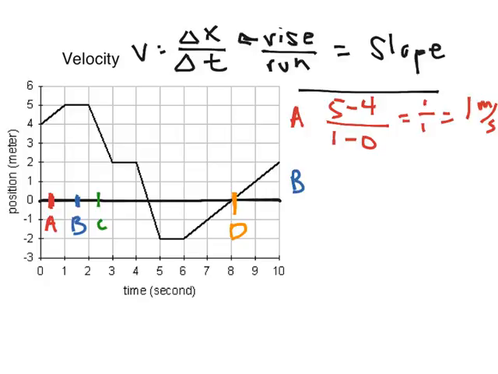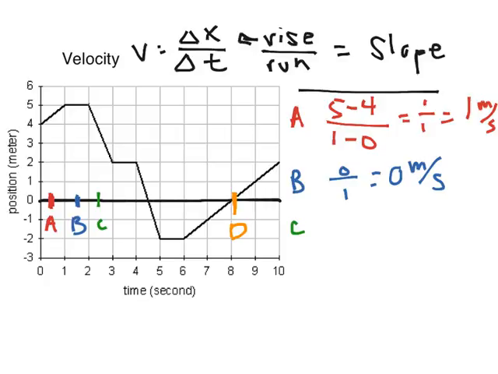Moving on to B. Well, let's look. Does it have a rise? Well, it's flat, so no, it doesn't. Your rise is 0. 0 over any number, in this case 1, is going to be 0 meters per second. Moving on to C. We have our initial point here and our final point here.